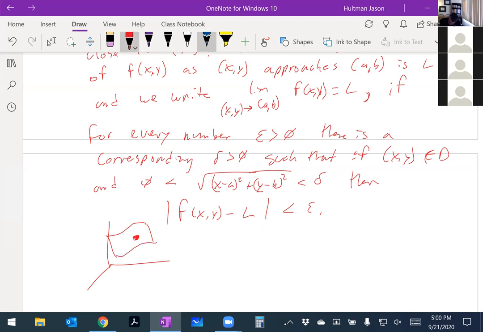So this is a point not on the curve. Let's have the other point not on the curve. Okay, and then we're saying, look, this guy here is (a, b). And this guy here is (x, y).